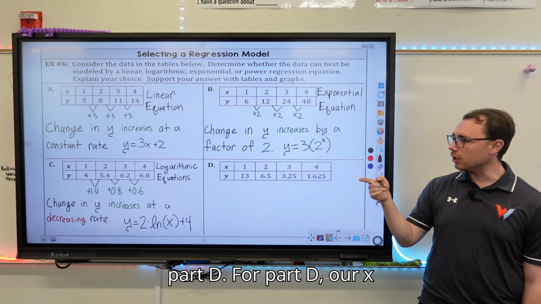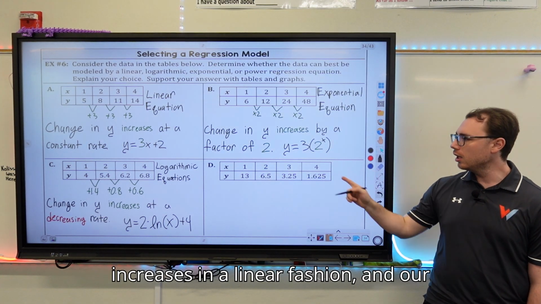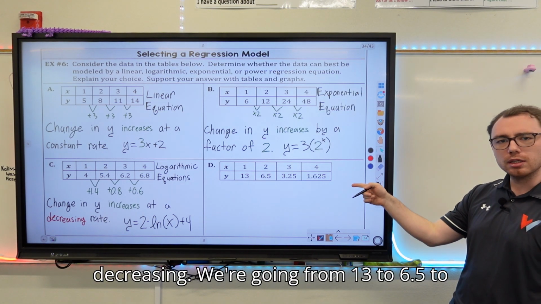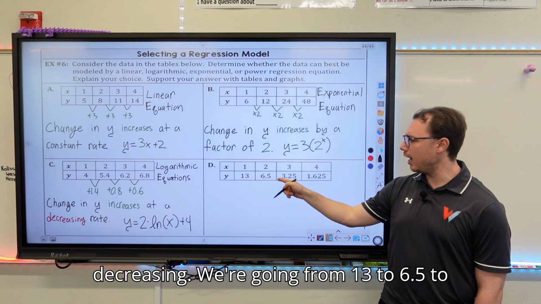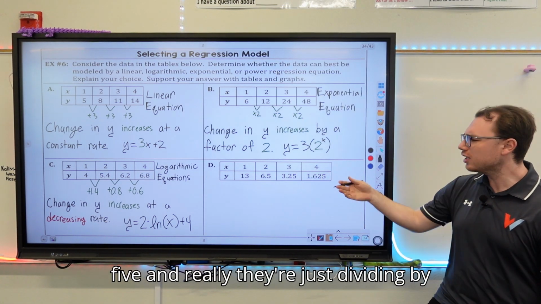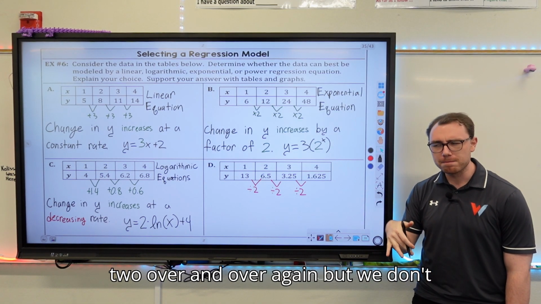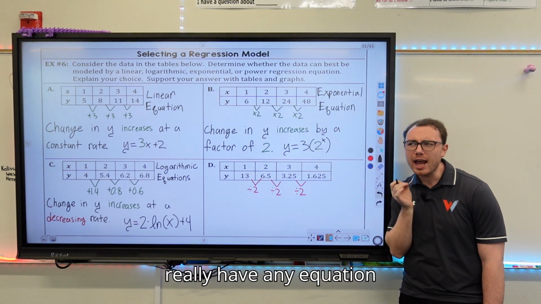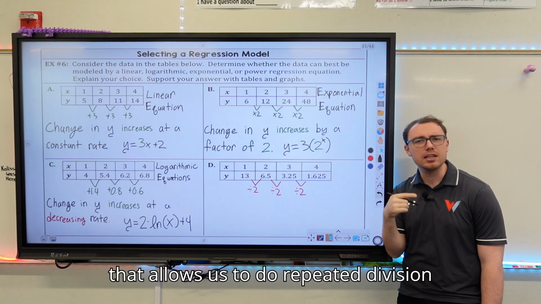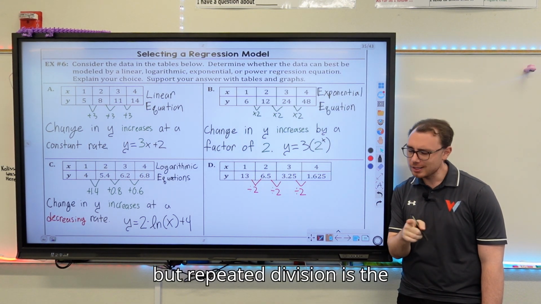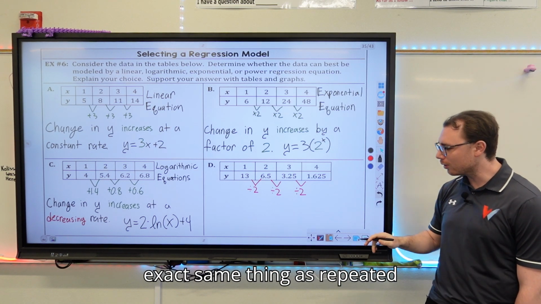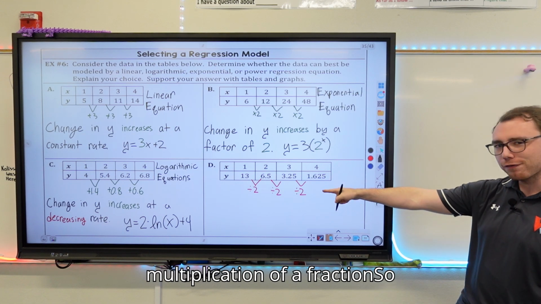For part D, our x increases in a linear fashion, and our y's here are actually decreasing. We're going from 13 to 6.5 to 3.25 to 1.625, and really, they're just dividing by 2 over and over again. But we don't really have any equation that allows us to do repeated division. But repeated division is the exact same thing as repeated multiplication of a fraction.